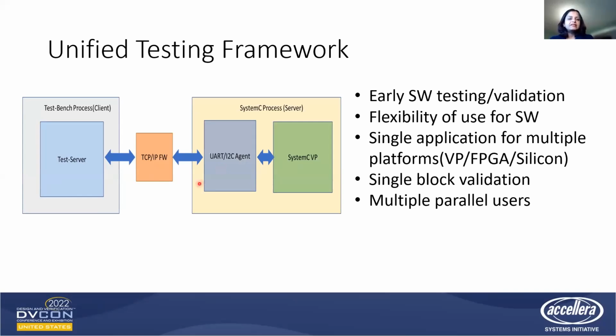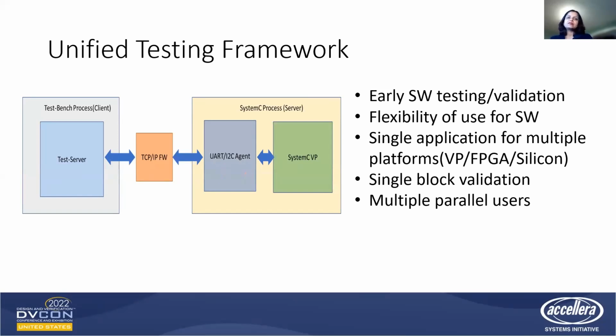And it sends information to configure an application that would validate the I2C communication subsystem. Similarly, the test server could also send information to an I2C agent in order to configure an application that could verify the UART communication subsystem, or for that matter, any other communication subsystem or other design blocks.